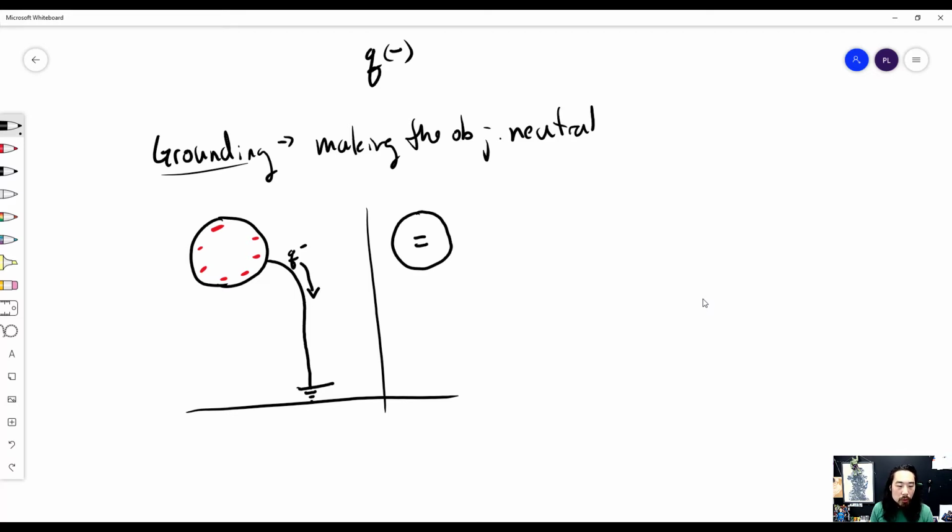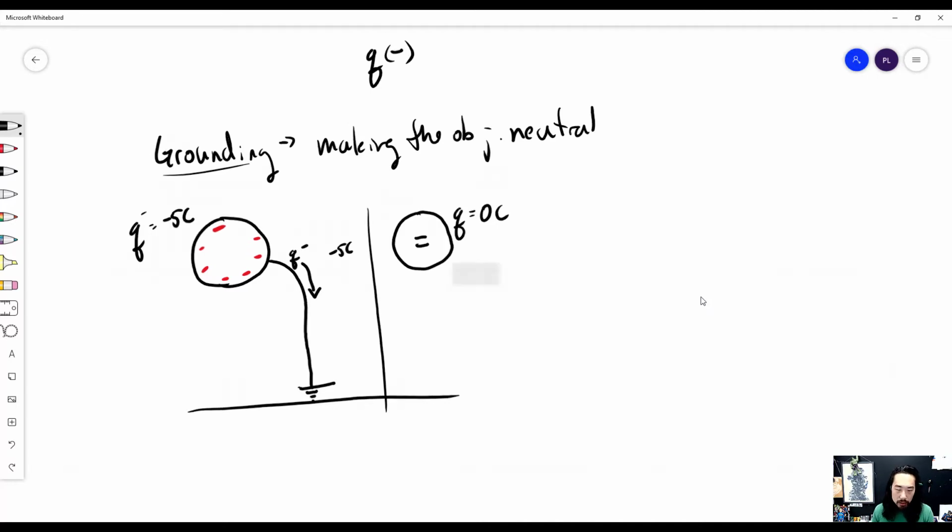So for example, if we have an excess of -5 coulombs, that means that when it's becoming grounded, the excess of -5 coulombs will go into the ground, making the overall charge for the object after it is grounded 0 coulombs. And whenever an object has 0 coulombs, it is considered to be grounded.